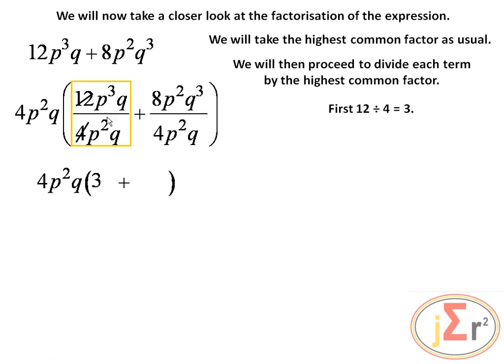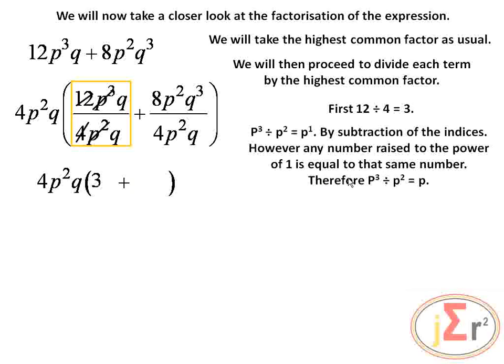P cubed divided by p squared is equal to p to the power of 1 by subtraction of the indices. However, any number raised to the power of 1 is equal to that same number. Therefore, p cubed divided by p squared is equal to p. The q's cancel completely.